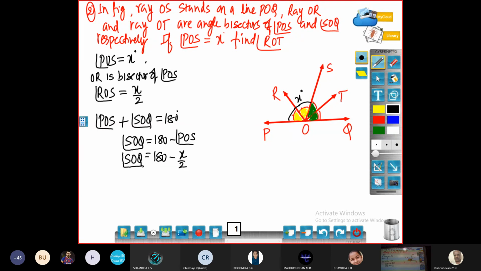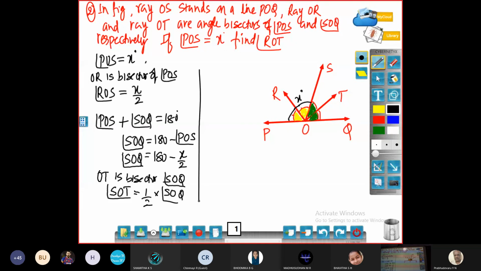From this, can you find out what is SOT? OT is a bisector of SOQ. So therefore angle SOT will be equal to half of SOQ.